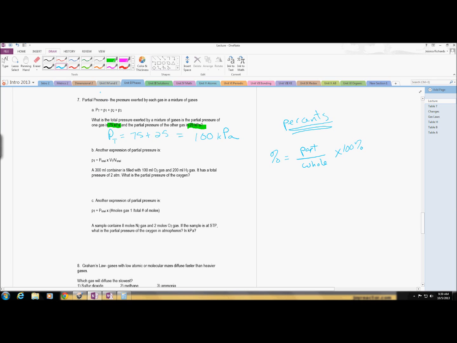So if we look at a partial pressure question, like this example, it says a 300 milliliter container is filled with 100 milliliters of oxygen and 200 milliliters of hydrogen. So we know that a gas is going to fill up its container. So the 100 milliliters of oxygen, 200 milliliters of hydrogen, the total is our 300 milliliter size container. The question goes on, it says it has a total pressure of 2 atmospheres, and it wants to know what is the partial pressure of just the oxygen.